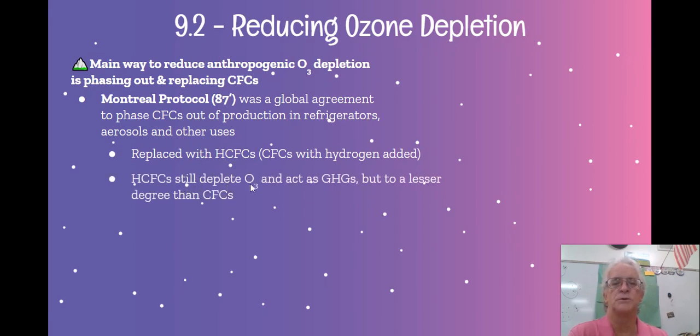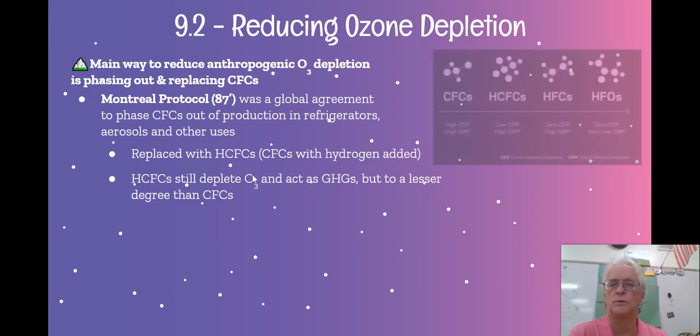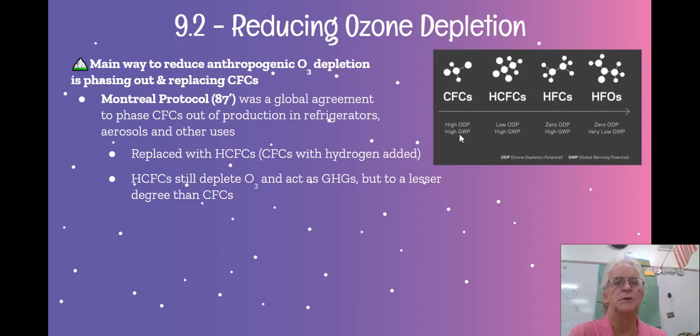These can deplete the ozone and act as greenhouse gases, but to a lesser degree. Now, while the ozone destruction is lesser, they are 2,000 plus times as good a greenhouse gas as CO2. So CFCs have a huge ozone depletion and a high global warming potential.